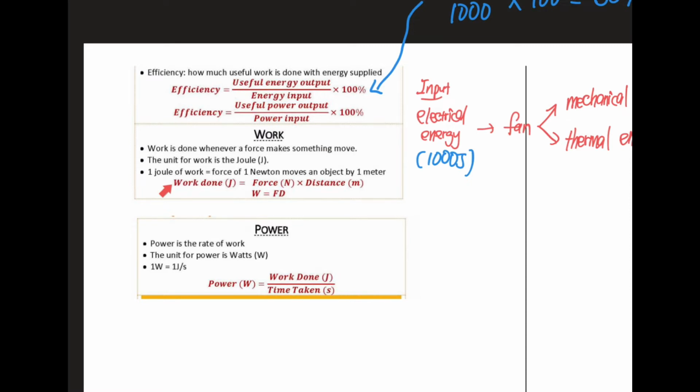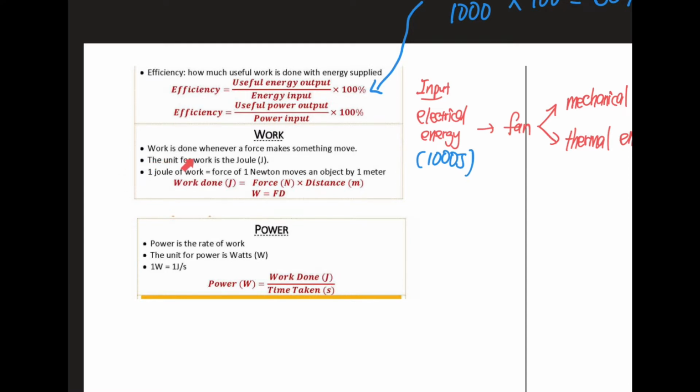Okay, so for example, in what situation is no work done? If you carry the baby standing there not moving, no work is done. If you carry the baby and move around, work is done because there's a distance traveled.